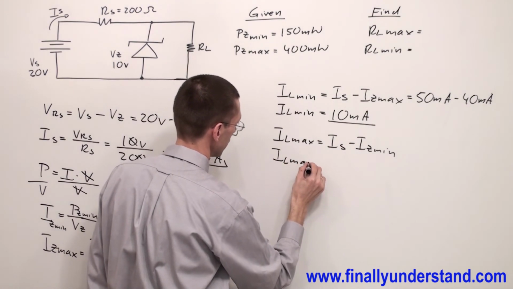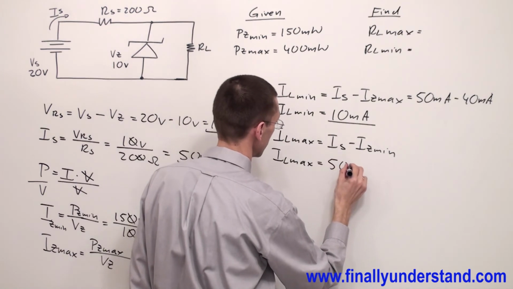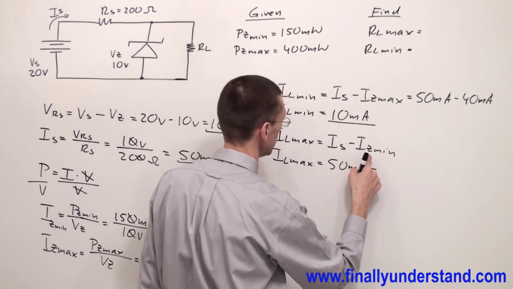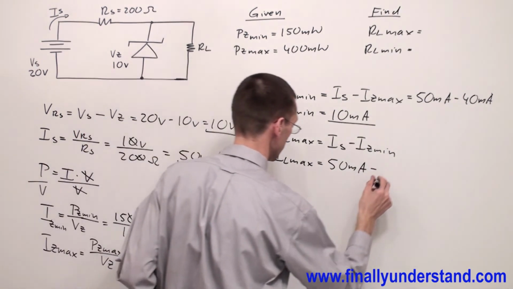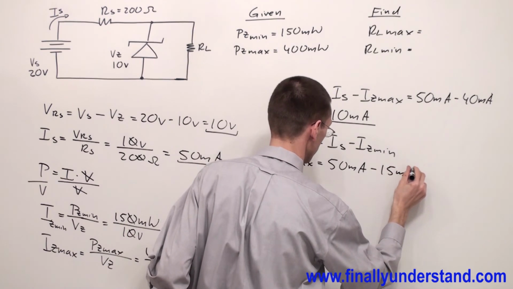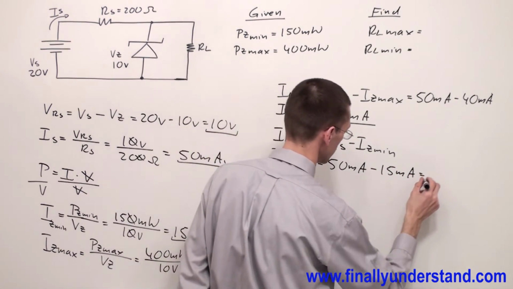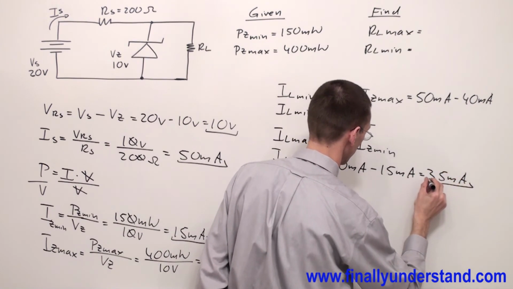IL maximum is equal to I source, 50 milliamps, minus IZ minimum, which is 15 milliamps. 50 milliamps minus 15 milliamps is equal to 35 milliamps.